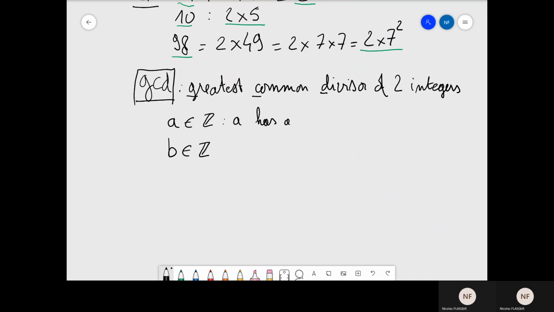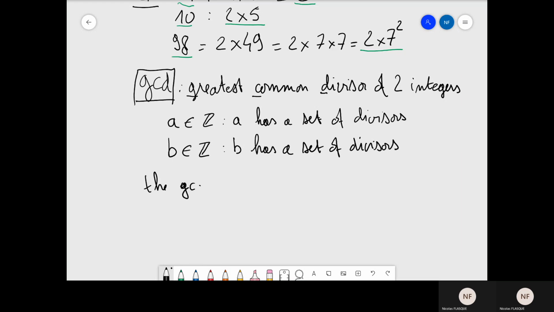A has a list or set of divisors. Remember that this set can be composed of only two values if A is a prime number, but it can have any number of divisors. B also has a set of divisors. So the GCD, actually, if you just read the name, you can quite understand what a GCD is.